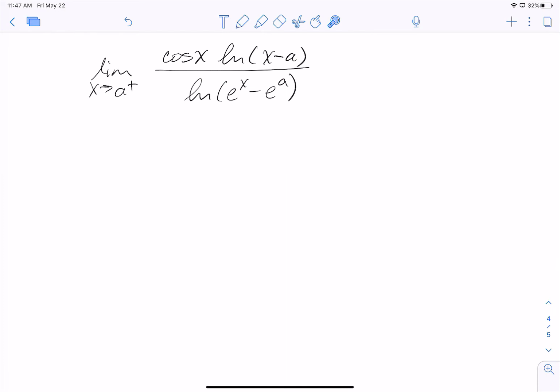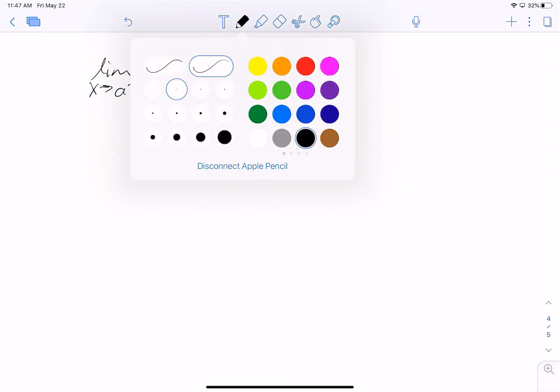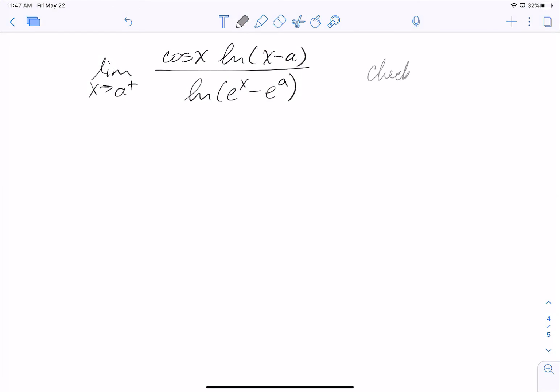Folks, the problem here when we try to directly substitute happens with the log in the numerator and the log in the denominator. When we perform our initial check, we get the cosine of a times the natural log of 0 divided by the natural log of 0.